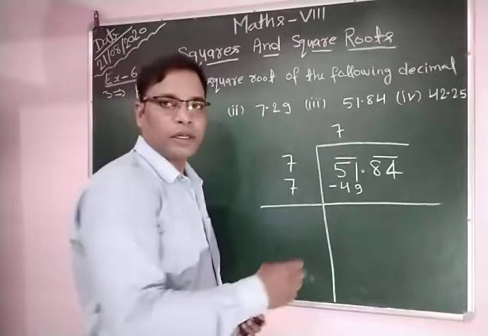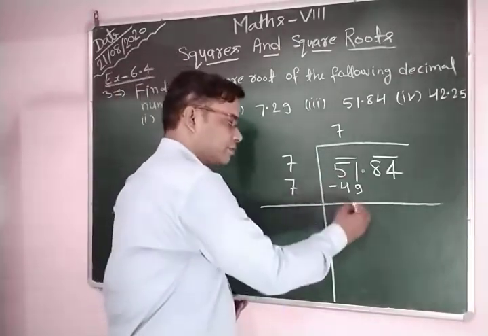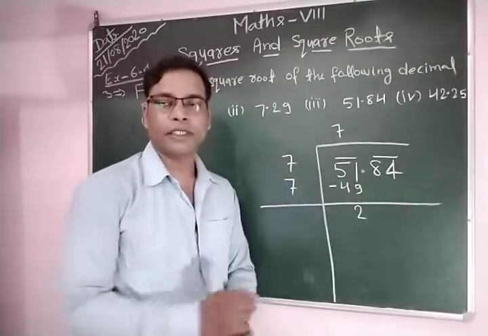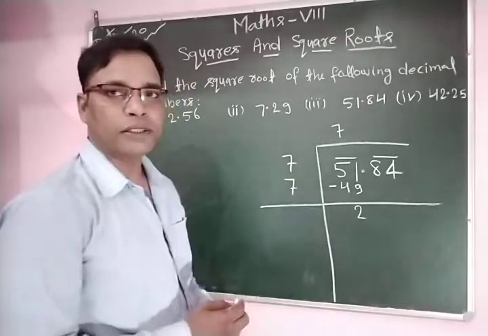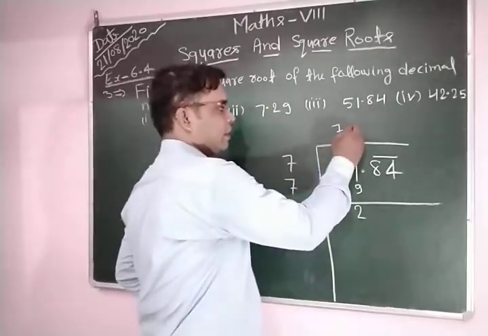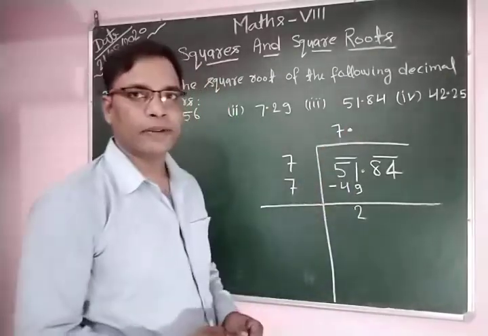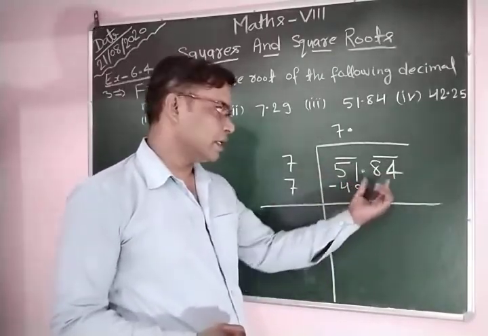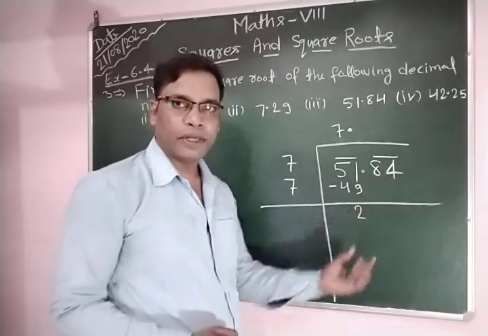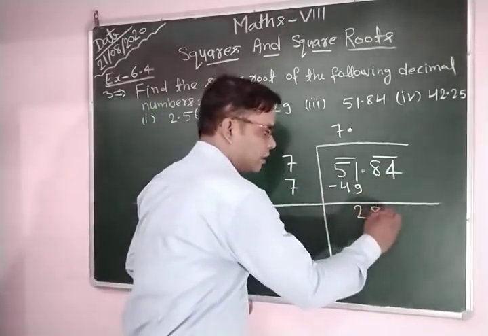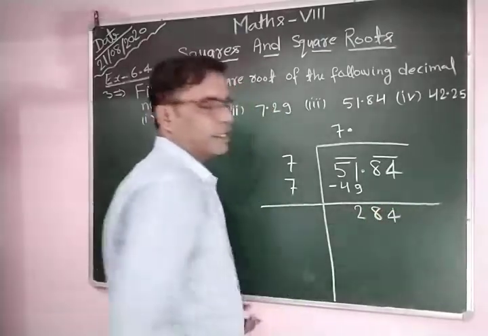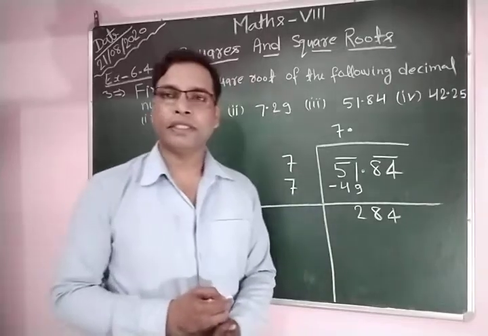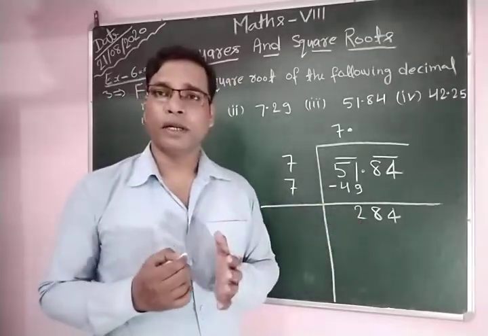Clear? You obtain here 2, and the next pair is the decimal pair. So we put the decimal point in the quotient after the 7, and bring down 84 next to the remainder 2. Then we obtain a new number 284. This is our new dividend.